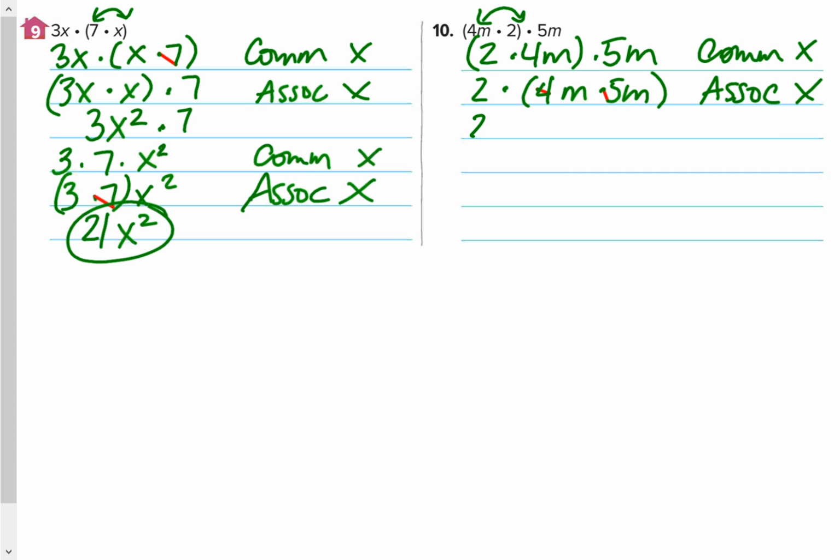And then now 2 times 4m times 5m, that's 20m squared. Now what I want to do is group my numbers together so that I can multiply them. So associative property of multiplication, I'm going to say 2 times 20 times m squared. And then that's going to equal 40m squared.